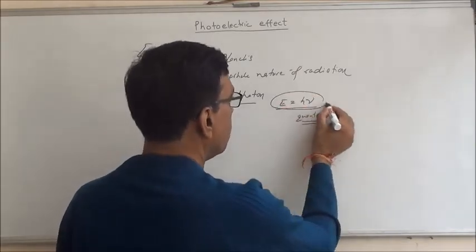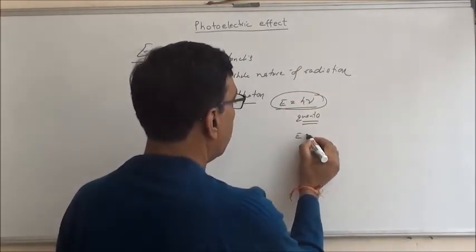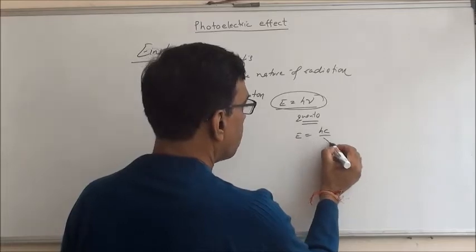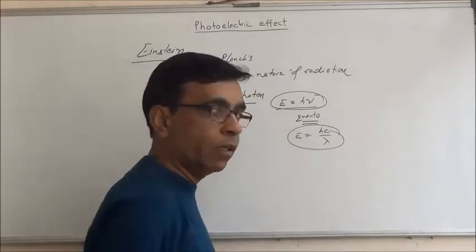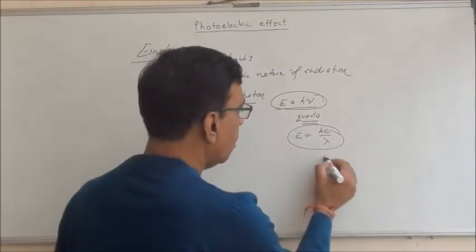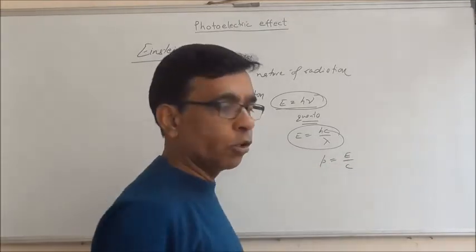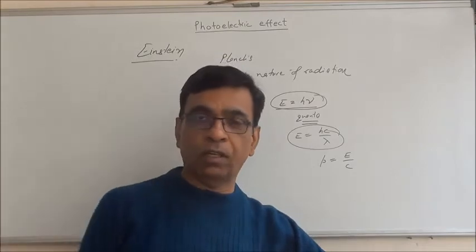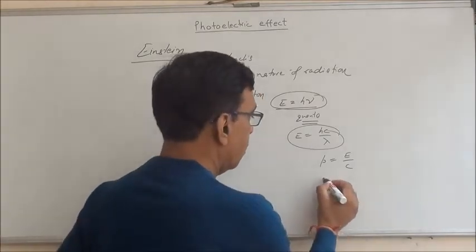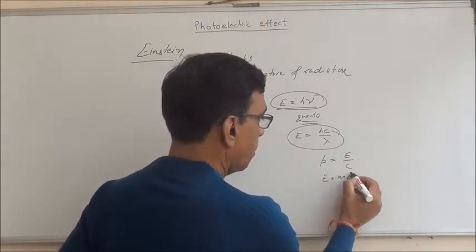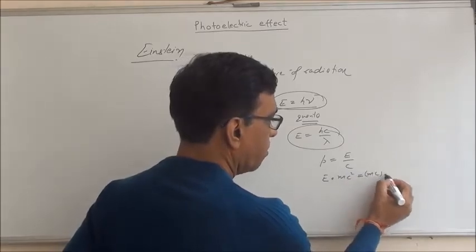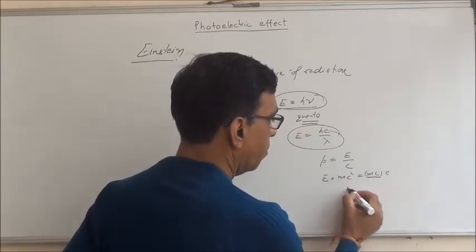So E is equal to h nu, this is the energy of a photon, or in terms of wavelength we can write it as hc by lambda. Even the momentum is defined as E upon c. E is equal to mc square, which can be written as mc into c. This is momentum.